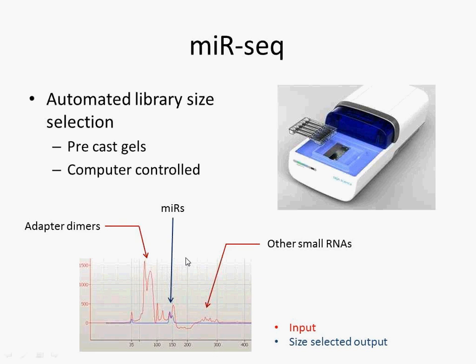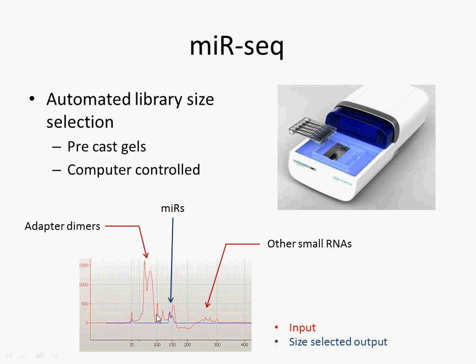This size selection is done automatically on a Pippin Prep instrument. It's pre-cast gels and computer controlled, so we can actually separate our input, represented here in red in the bioanalyzer trace.